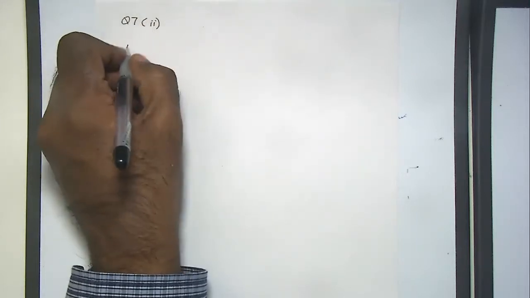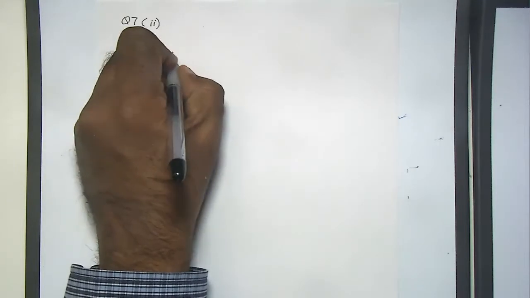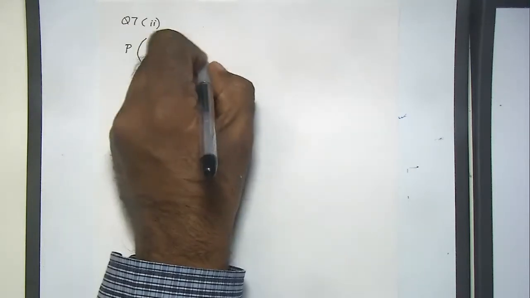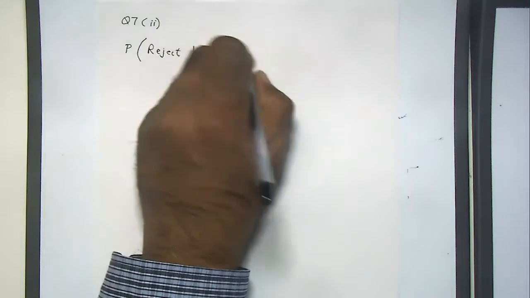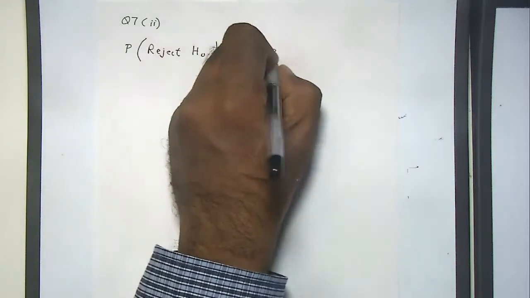You want to find the probability of rejecting H0 when the true value for P is 0.103.